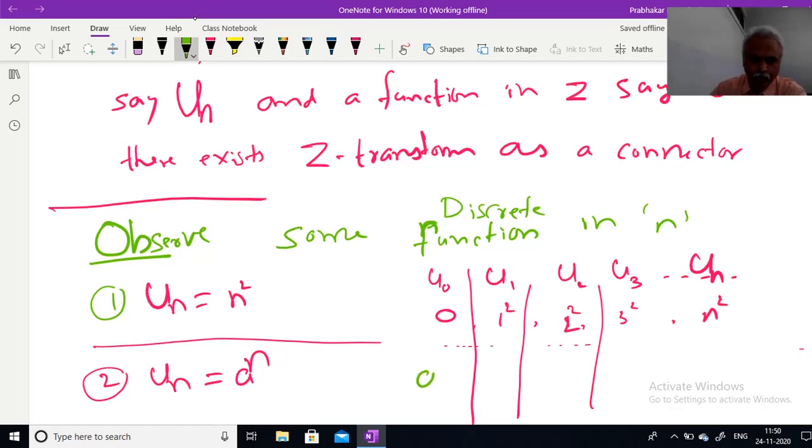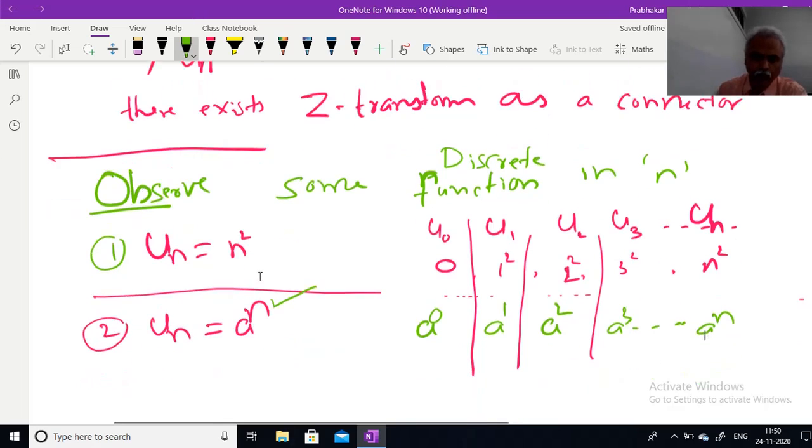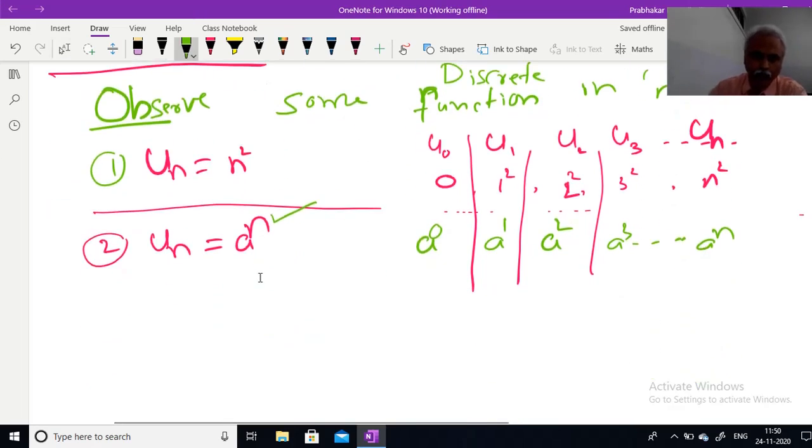In this case, a raised to 0, a raised to 1, a raised to 2, a raised to 3. In general, a raised to n. So what we are observing is, for every integer value n, starting from 0, positive integer n, we have some u value generated by these generators, which we call discrete functions. So let us go for one more.